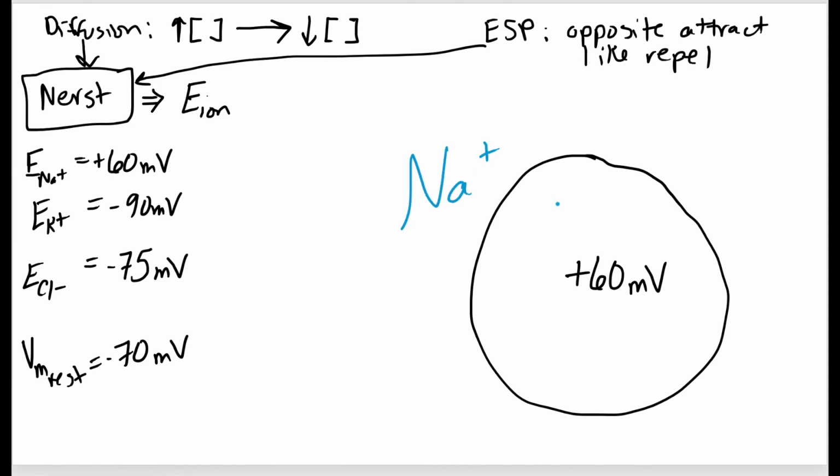We still have a ton of sodium outside the cell, just a little bit of sodium inside the cell. So if we look at just diffusion, sodium's going to want to move from a high to a low concentration. But if we look at just electrostatic pressure, the positive inside of the neuron is going to repel the positive charge of this ion.